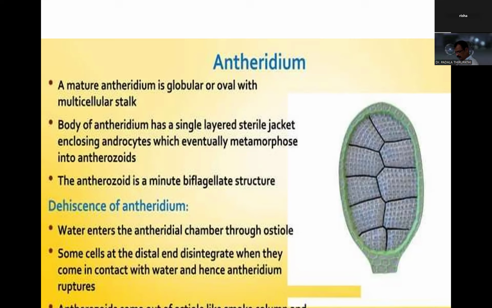Some cells at the distal end disintegrate. That is the antheridial wall you are seeing. Usually the terminal or outermost cells of the jacket wall disintegrate, and when water comes in contact, the antheridium ruptures and the antherozoids come out.